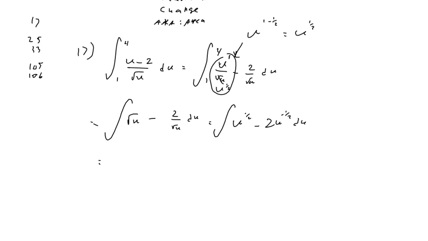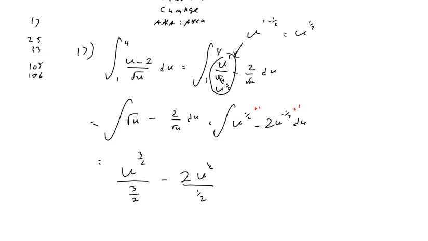Then I do my little process of powers. I add the 1 here. This becomes u to the 3 halves over 3 halves, minus 2, and then adding 1 to the negative half becomes u to the positive half over 1 half.